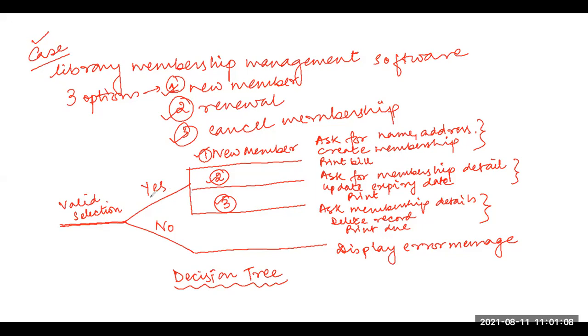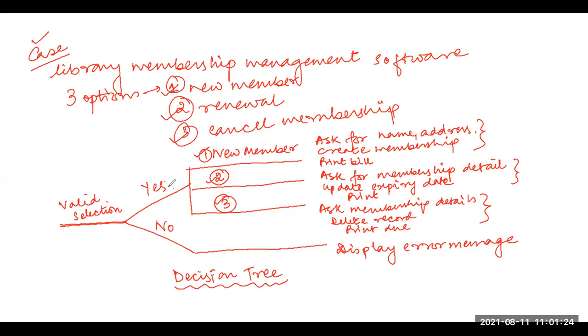So these are the internal nodes. They will represent the condition, if it is a yes or no or something like that. These are the edges. The edges will represent the outcome of the corresponding condition.